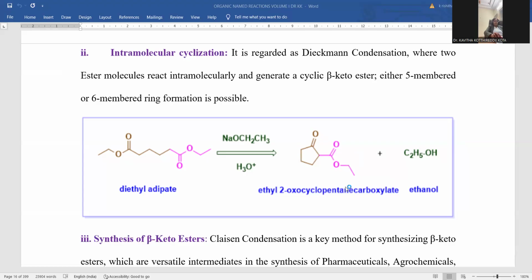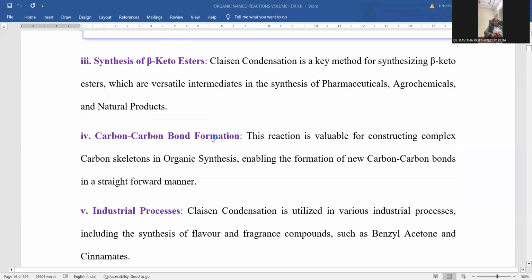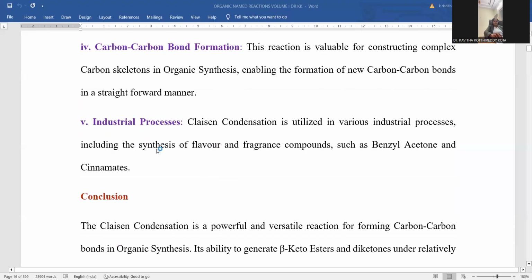There is a provision for the generation of a five-membered ring system with the beta keto ester functionality in the ring. So this is the exceptional intramolecular cyclization taking place within the same reactant. Beta keto ester is the product here. New carbon-carbon bond formation is obviously taking place. Chain elongation is the common thing you can clearly observe in this Claisen condensation process.